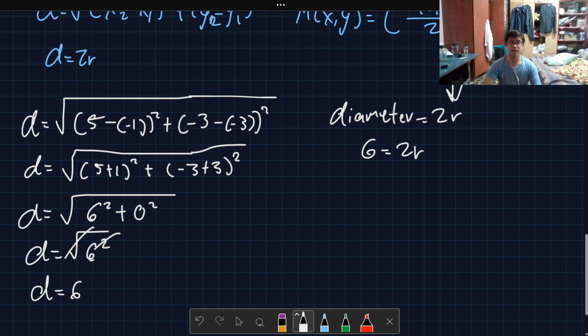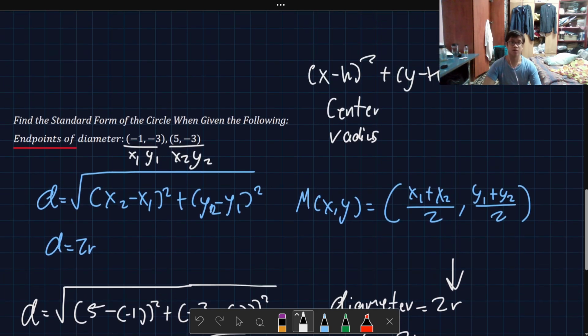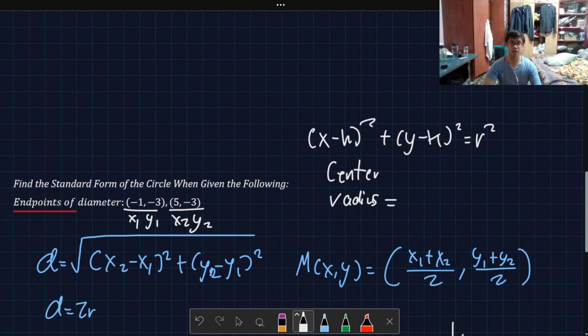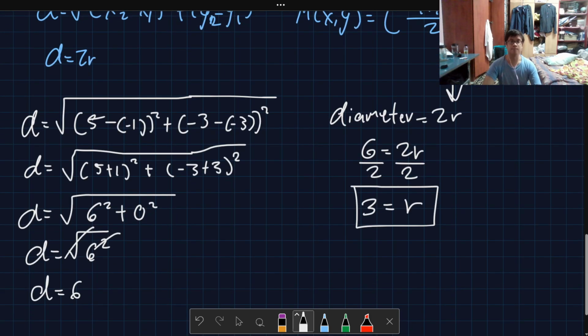Here we have 6 is equal to 2r. To find the radius, we divide both sides by 2, and we will have 3 as the length of the radius. So we found our radius, which is 3 units long. So we're done. We're good.